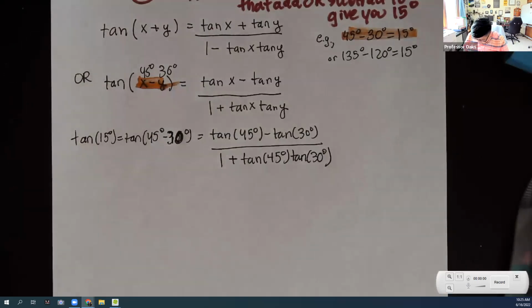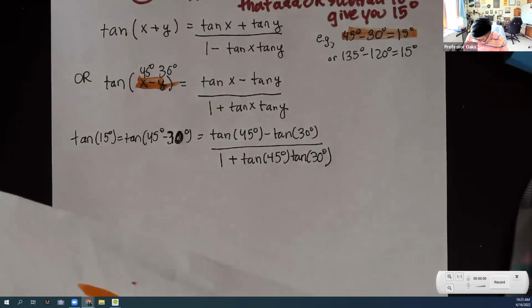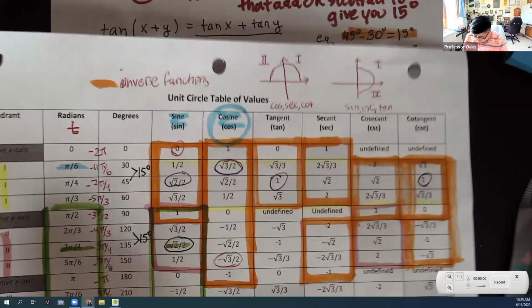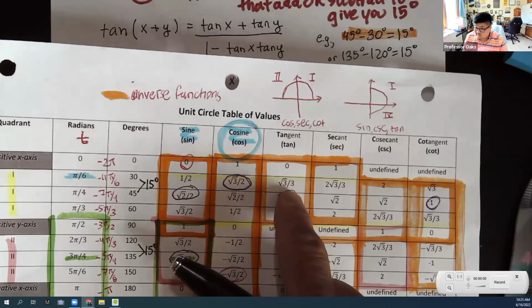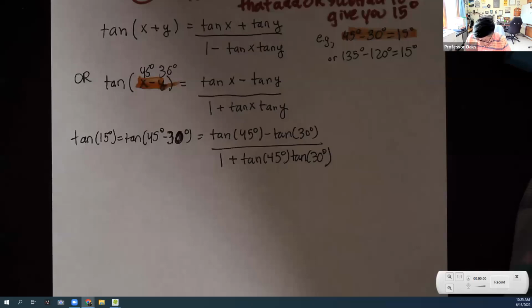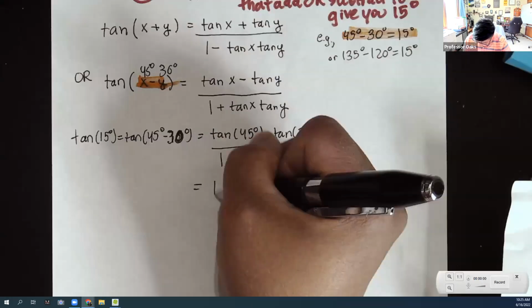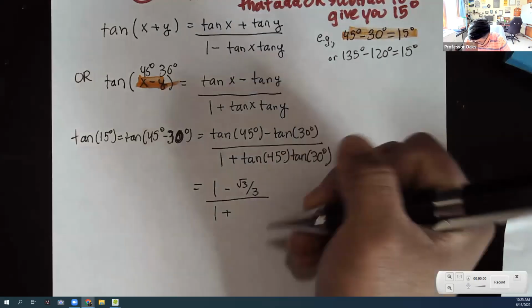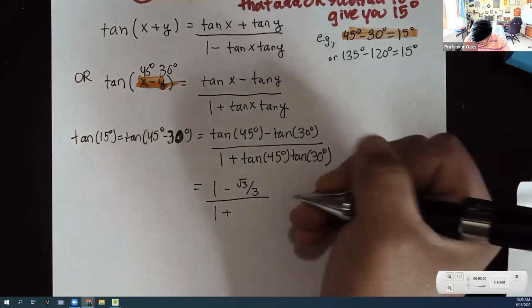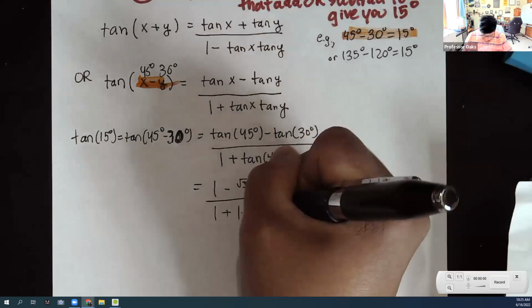But in any case, the tangent of 45 is 1 and tangent of 30 is square root of 3 over 3. So you have 1 minus square root of 3 over 3 over 1 plus the 1 times square root of 3 over 3.